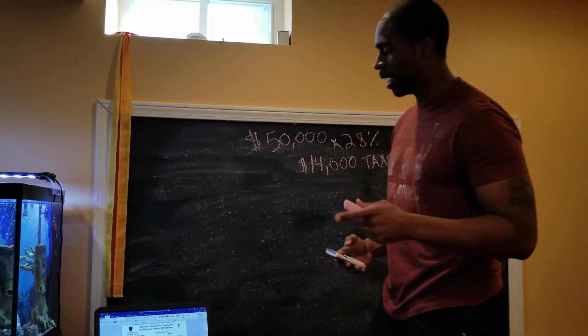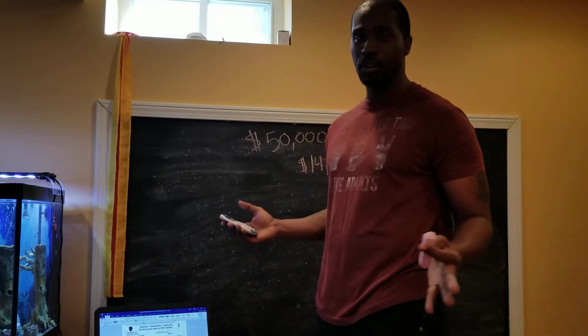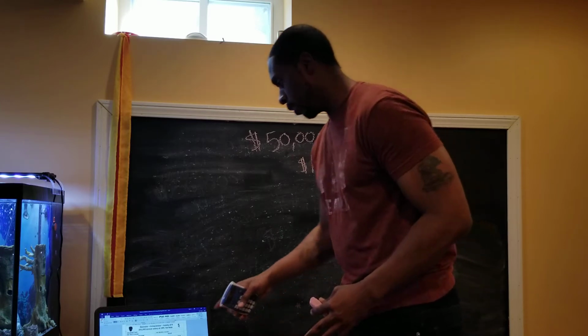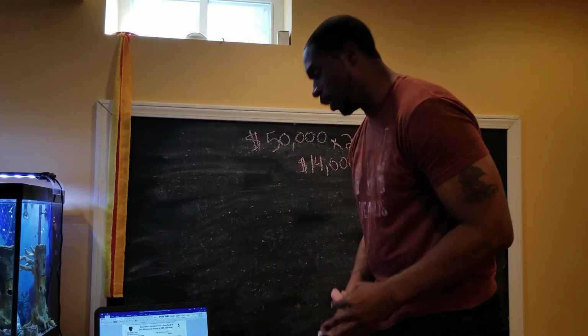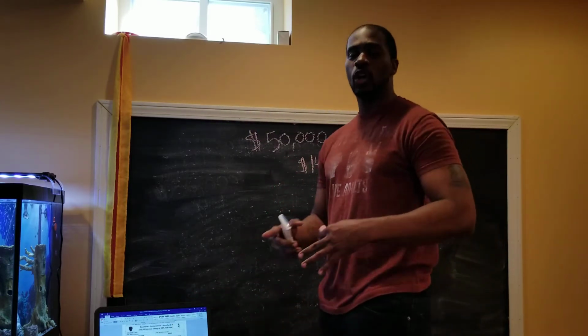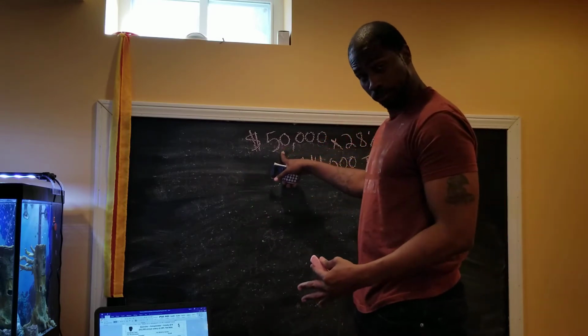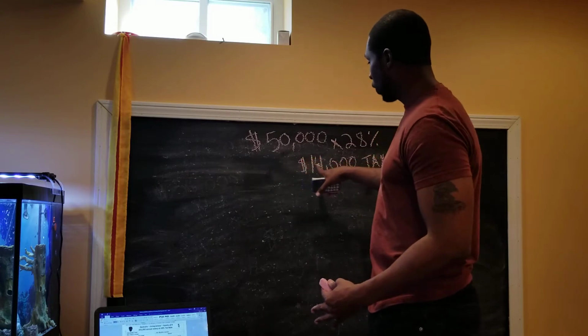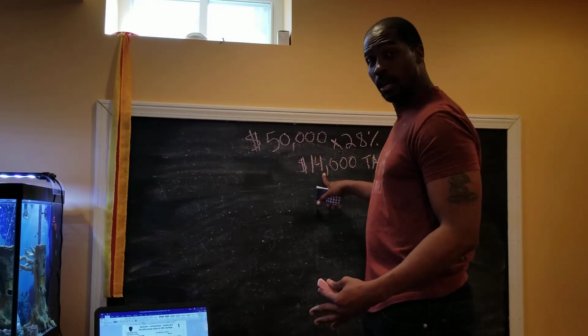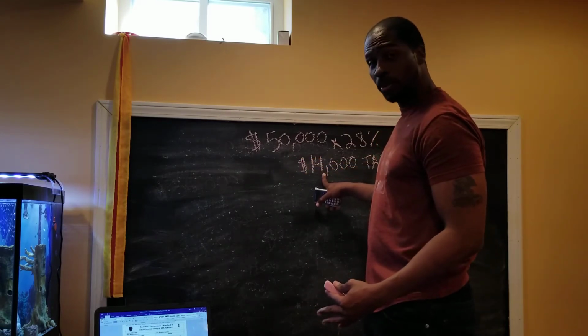Taxes. So that's how much money I pay in taxes for the entire year, right? So the next question says, your net annual income. Annual means all year long. So how do I get that? This is considered my gross income, right? I figured out how much taxes I pay per year at 28%.